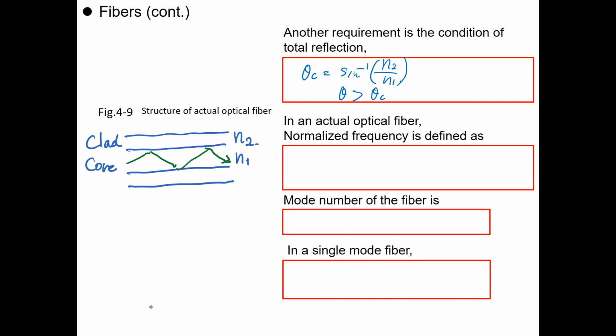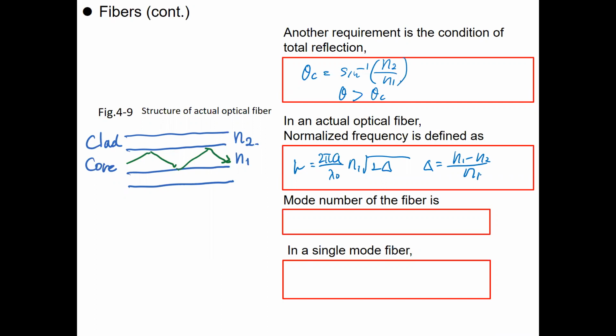In the optical fiber, we sometimes use a normalized frequency, which is defined as nu equals 2 pi a over lambda times n1 square root of 2 delta, where delta is defined by the difference of the refractive indices. This is often used because it tells how many modes are included in this optical fiber.